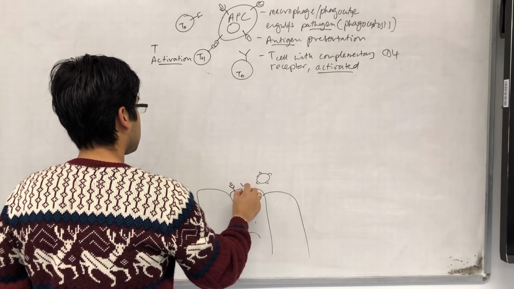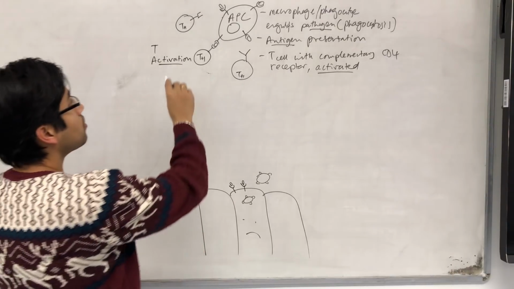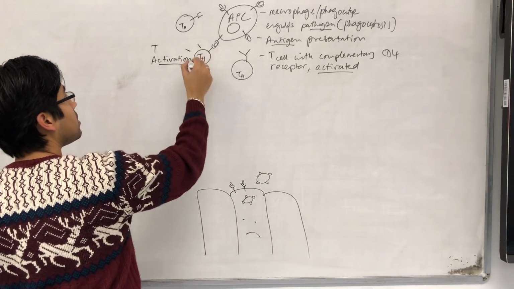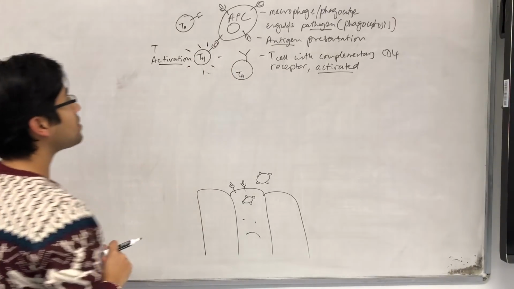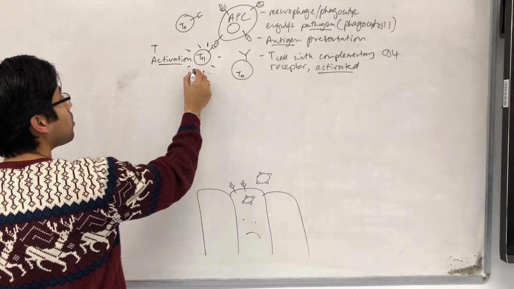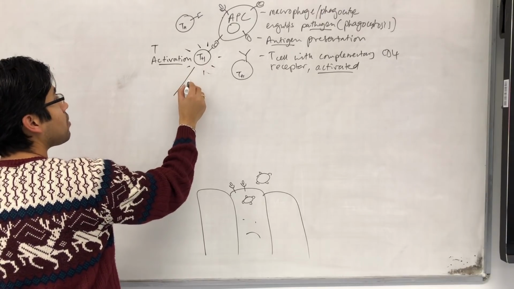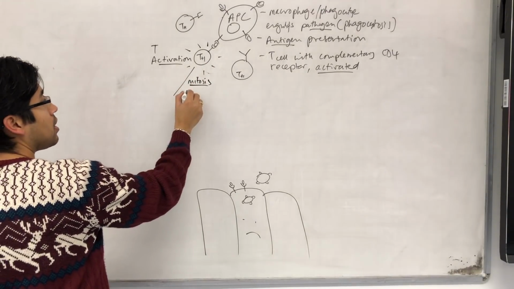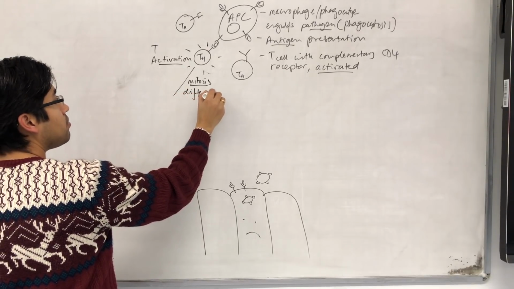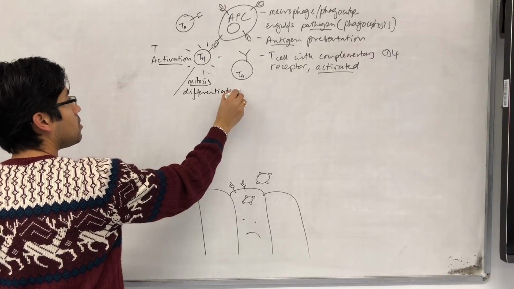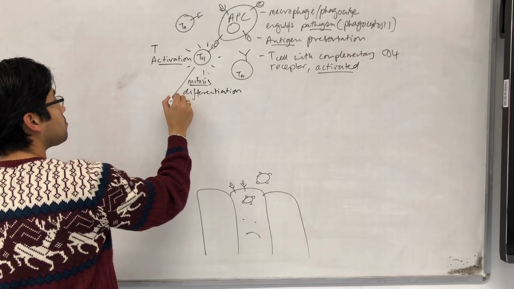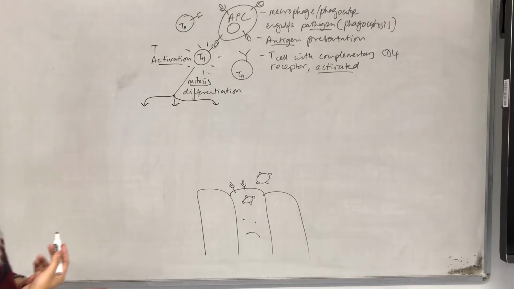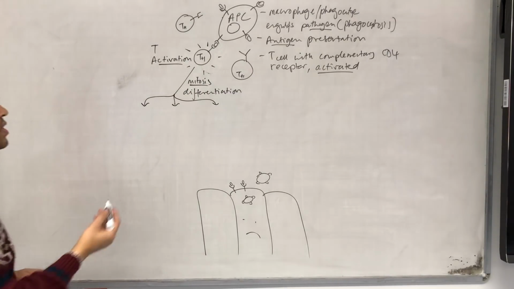Next, once this T helper cell is activated, it then goes through many rounds of mitosis and some differentiation to produce 3 types of T cell.